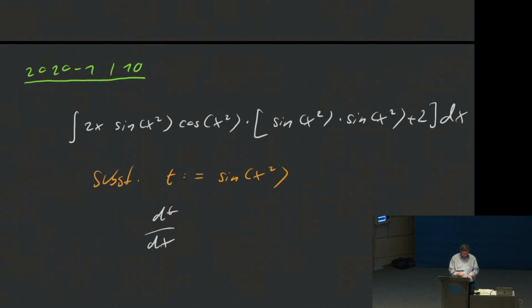You can quickly do this roughly in your head. The derivative of the sine is the cosine, right? So I get something like cosine x squared. And then using chain rule, I multiply with the derivative of this argument, x squared. So that would yield 2x. And now looking at the integral, well, here's my cosine x squared. That looks good. And here's my 2x.